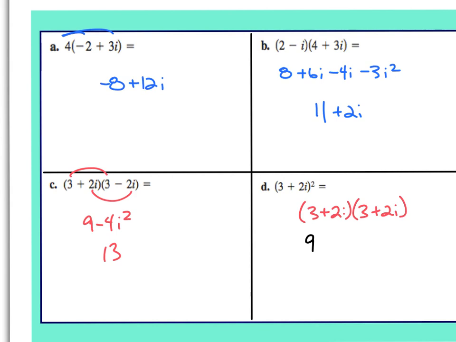My outer is 6i. My inner is 6i. And then my last is 4i squared. So i squared is actually what? Negative 1. So then this is 4 times negative 1, which is negative 4. Negative 4 plus 9 is 5. And then how many i's do I have? That would be awkward. There you go.